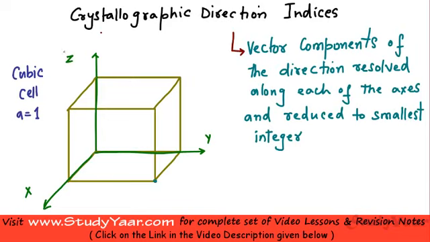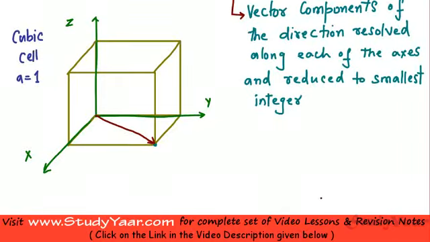At this moment I am assuming this is my origin and I want to specify the direction at which this lattice point is located. So what we are going to do is first find the vector representation of this direction. What is this direction? We are looking at this direction.